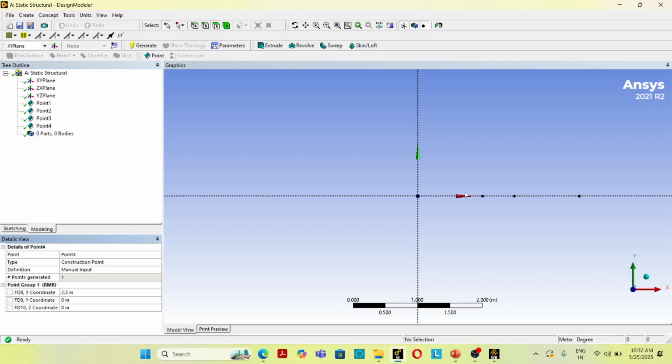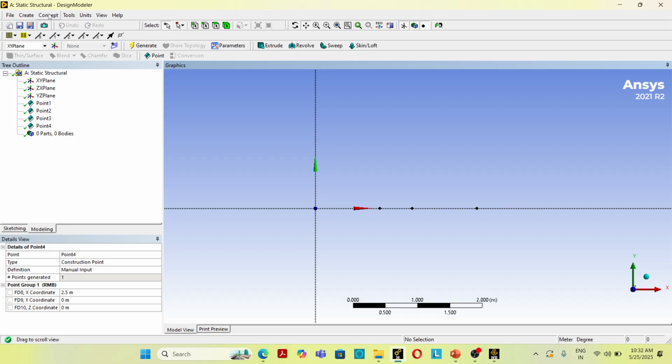So 4 points have been created. So create line between these points.